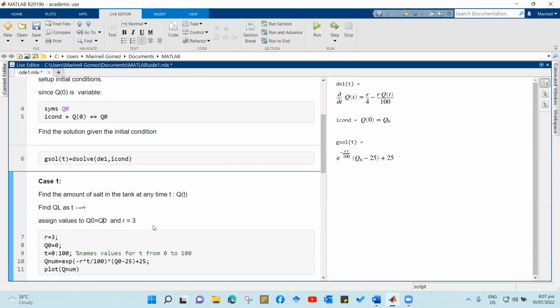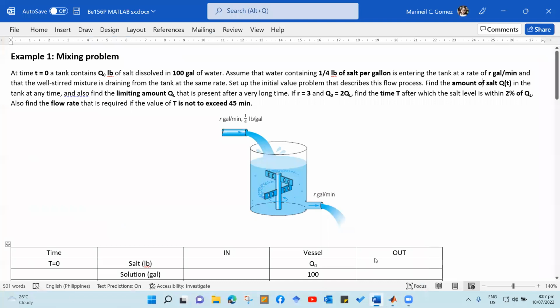So this is Q_0. Q_0 is 2. Since we don't have an initial amount of Q, I just put up an arbitrary value of 0. But I put r equal to 3 because anyway, this was already given in the equation. So I just assigned this value for this one.